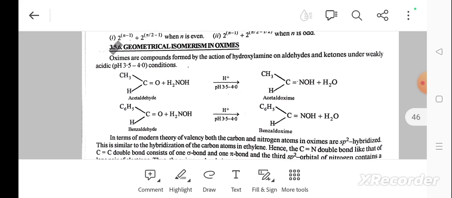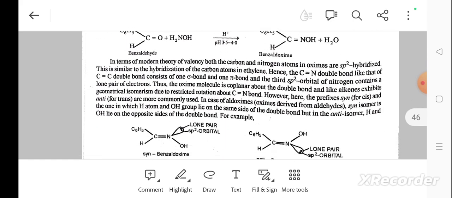Geometrical isomerism in oximes. Oximes are compounds formed by the action of hydroxylamine on aldehydes and ketones under weakly acidic conditions. In terms of the modern theory of valency, both the carbon and nitrogen atoms in an oxime are sp2 hybridized.